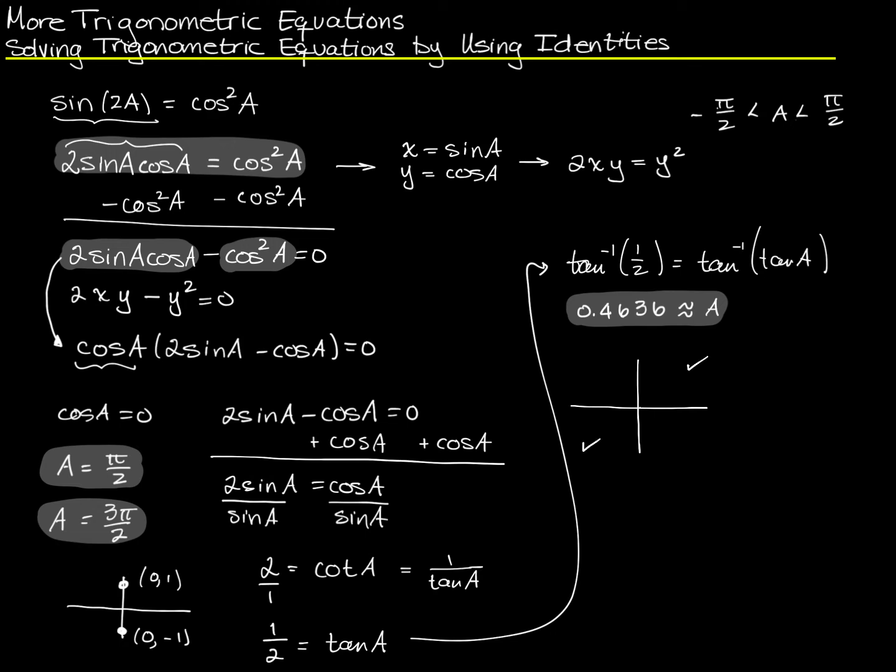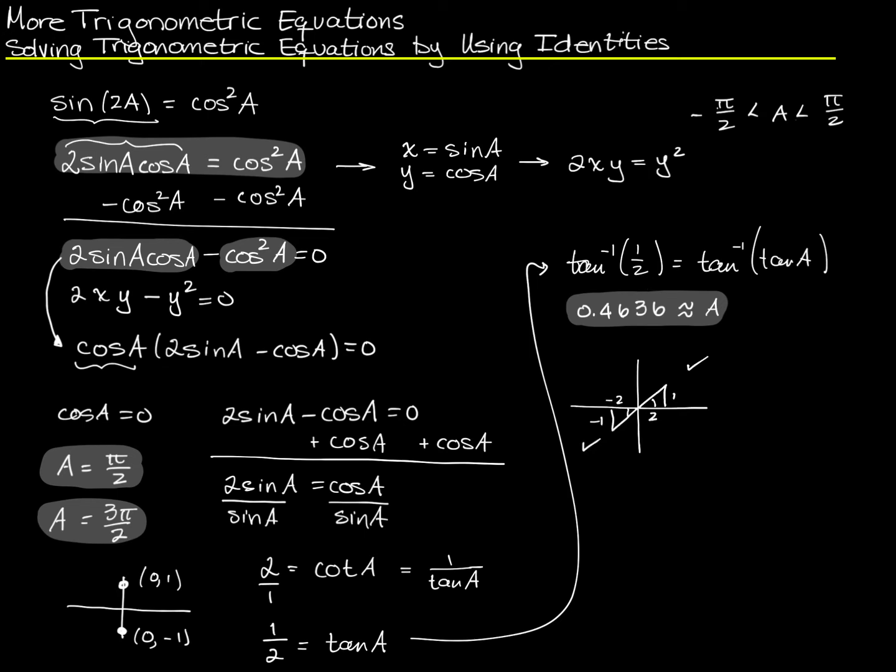So I'm going to have an opposite over an adjacent that's 1/2. My opposite is 1 and my adjacent is 2. That can happen in two different places. Opposite is 1, adjacent is 2. Here they're both negative, but then negative 1 divided by negative 2 is also positive 1/2. So I'm looking either for this angle or this angle.